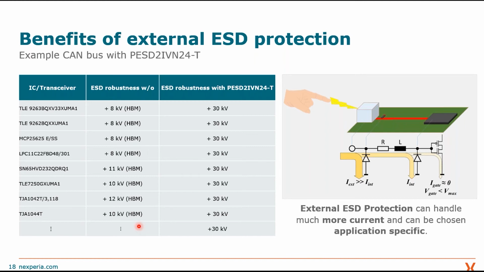They have different ESD robustness levels, differing from 8 to 12 kV. But if we place an external ESD protection in front, we have 30 kV ESD robustness, which is very constant, and it doesn't depend on any specific CAN transceiver anymore.